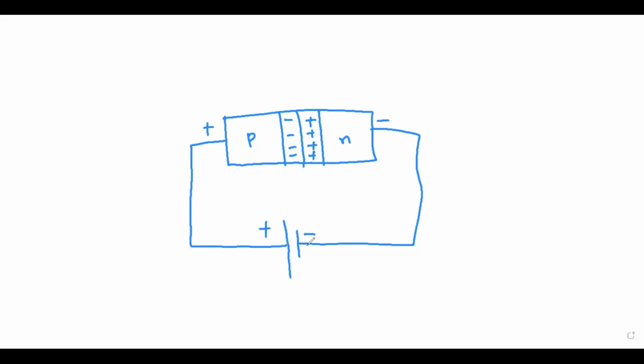In this case, this is a forward biased condition. It means when the positive terminal of the supply is connected to the positive of the diode and the negative terminal of the supply is connected to the negative of the diode, then this is said to be forward biased. So in forward bias, the diode conducts current.